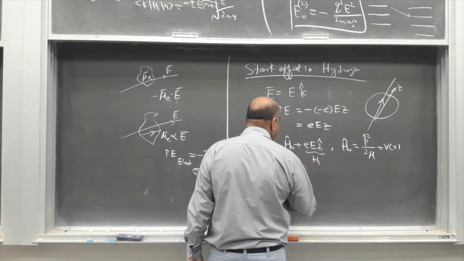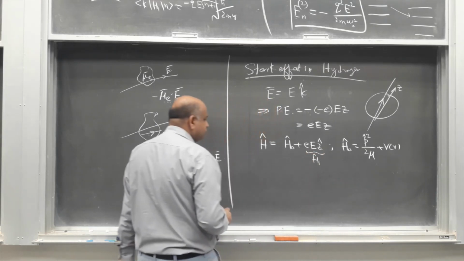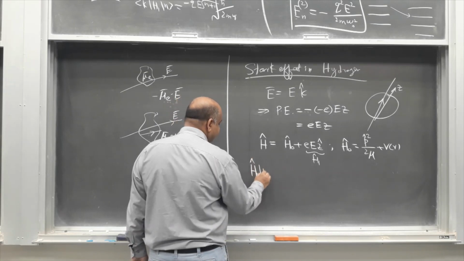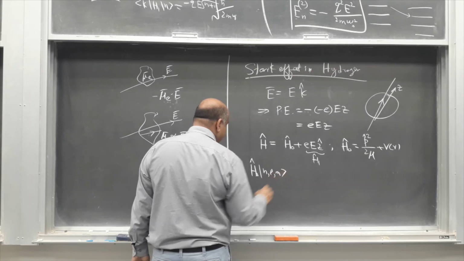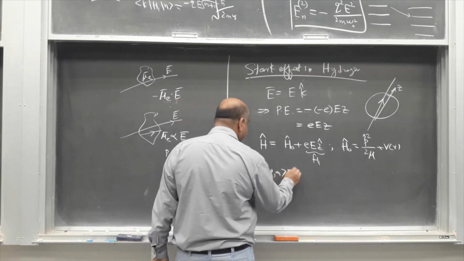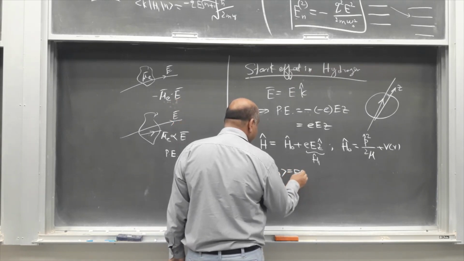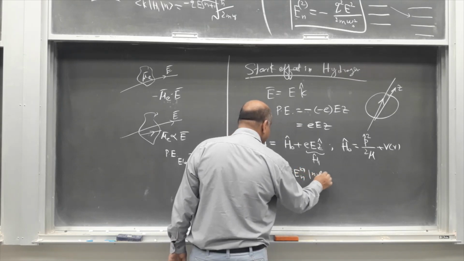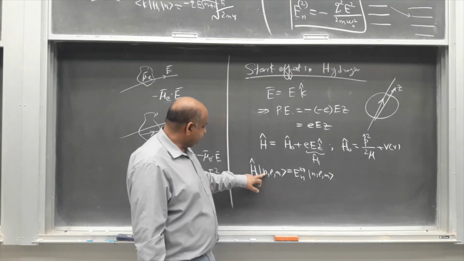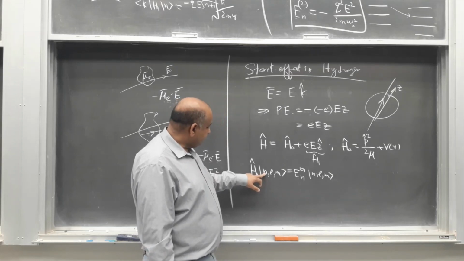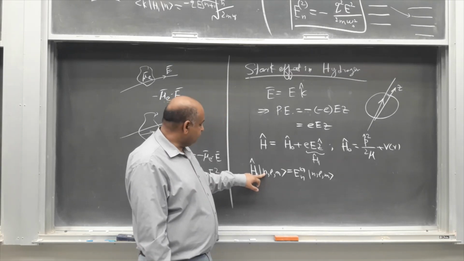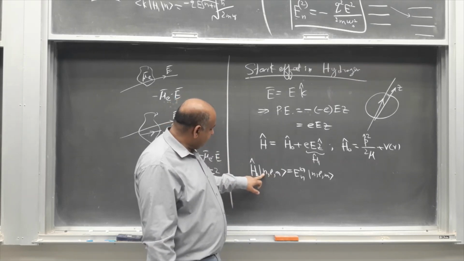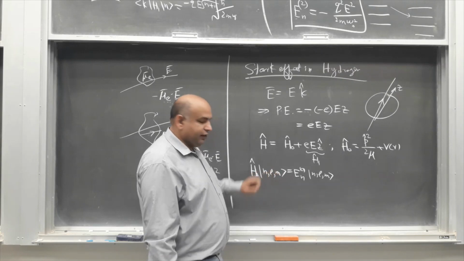And just to recall, this H0 operator had these nlm states where the energy was only dependent on n, where n is a quantum number which can be anything: 1, 2, 3, 4, 5, and so on, and l has to be at most n minus 1, and m goes from minus l to l.